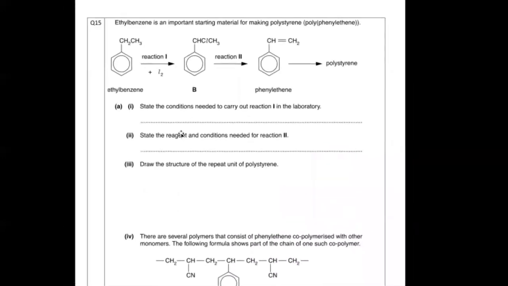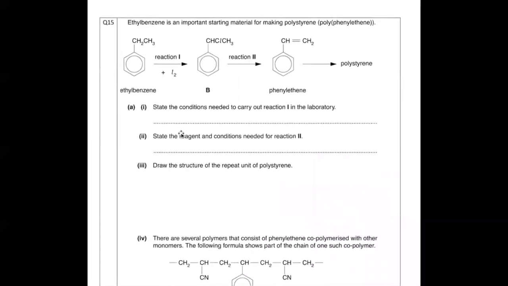So you start with an ethyl benzene and then you add reaction 1 plus iodine. Okay, let's see about that. Why do you need an iodine for that?